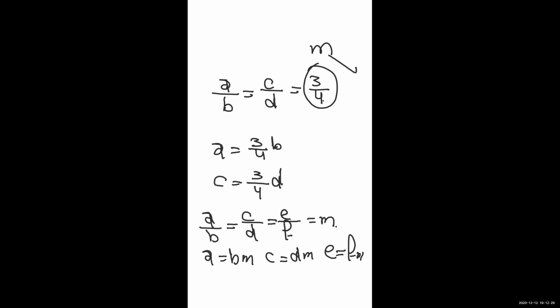Okay, let's solve one example related to this rule. If A and B and C and D are proportional quantities, prove that 2A plus 3C over 7A minus 5C equals 2B plus 3D over 7B minus 5D.